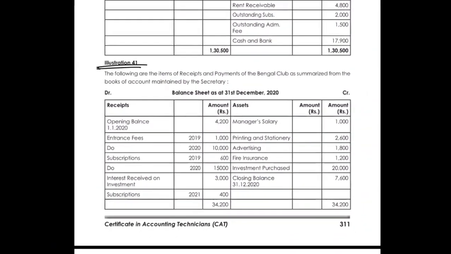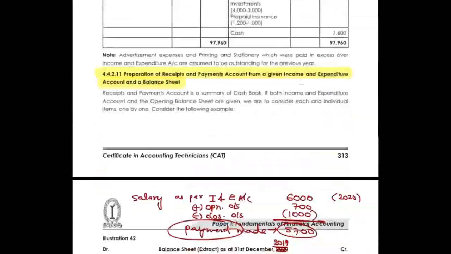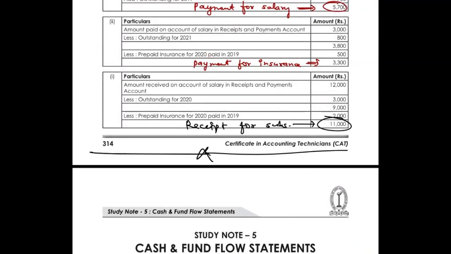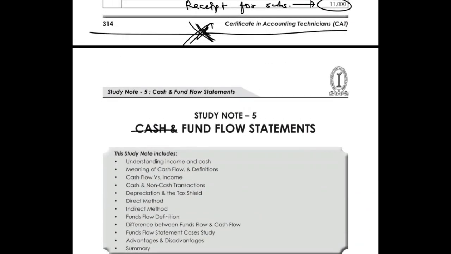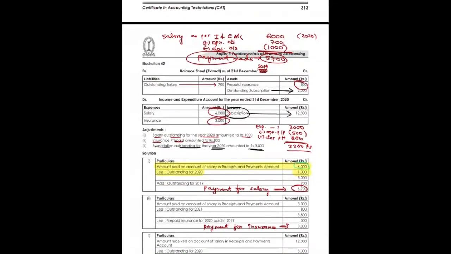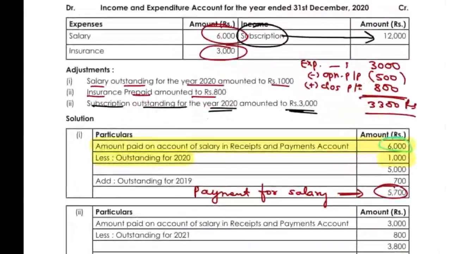Right now, I can say that from my end, this chapter is completed, and we are now ready to start a very, very interesting chapter that is called cash and fund flow statements. But before starting this, I want you to thoroughly do some questions on the accounting for non-trading concerns and some of your final accounts. All doubts and queries are welcome.